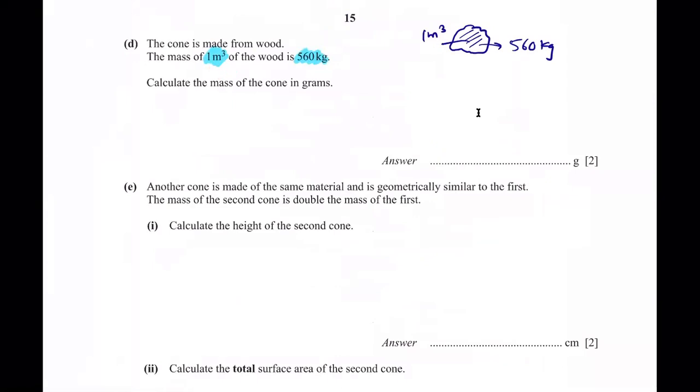So I can convert the volume in centimeter cube to meter cube. Please remember this, that if 1 meter has 100 centimeter, then 1 meter cube will have 1 million centimeter cube.